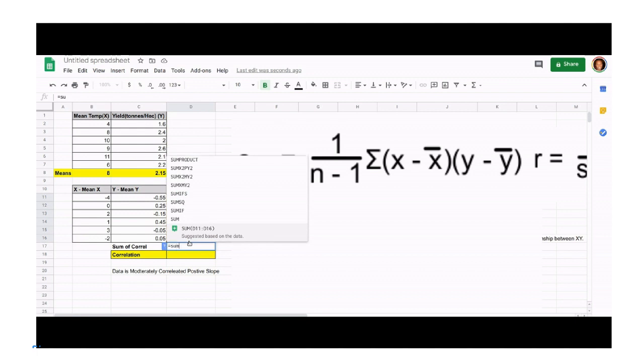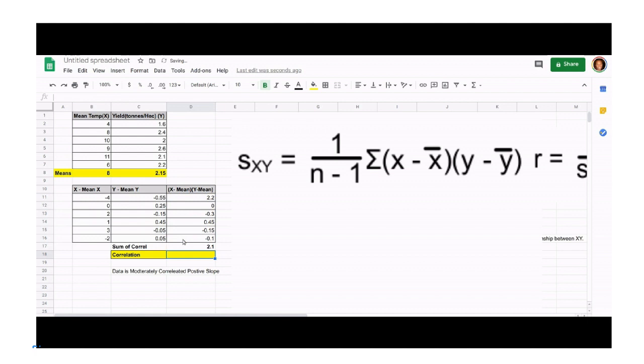Now, on some computers, when you type sum, it automatically grabs all the information directly above it. Sometimes it doesn't, so you actually have to do this selection. Once you've made that selection, you hit enter. So there's the sum of your correlations.